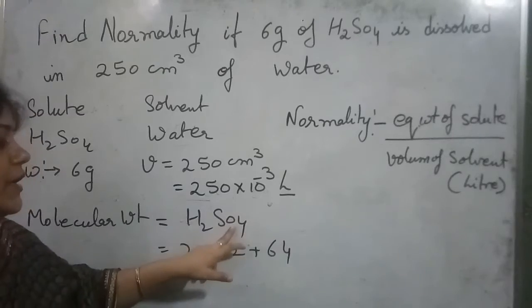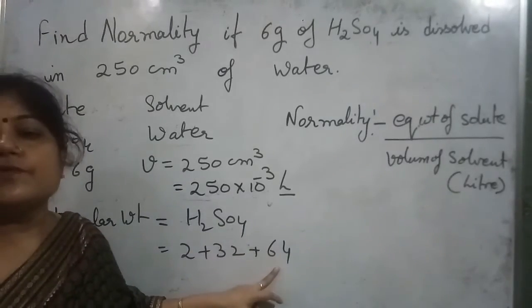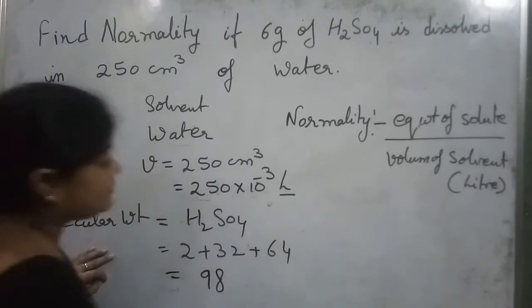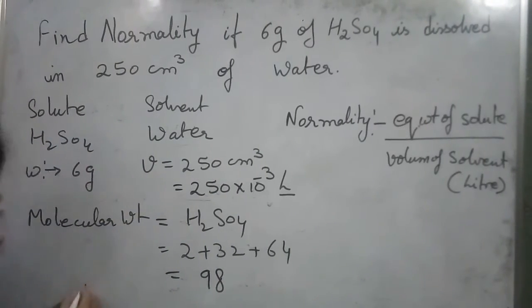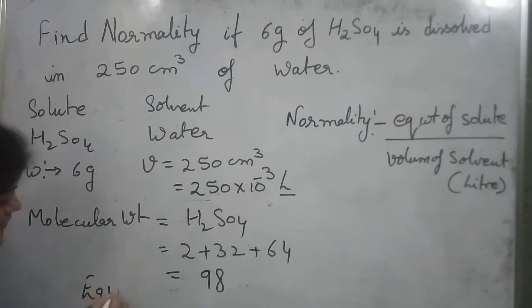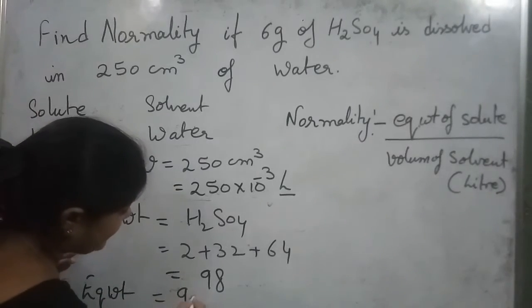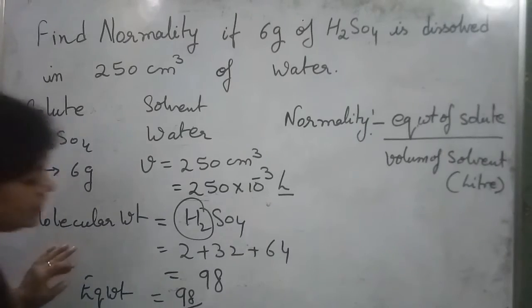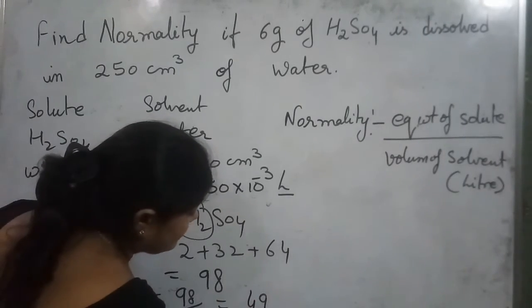Sulfur is 32. And oxygen is 16, 4s are 64. After adding all these, we get 98. Now the equivalent weight of sulfuric acid becomes 98 by 2, because in H2SO4 we have a basicity of 2, so we get 49.